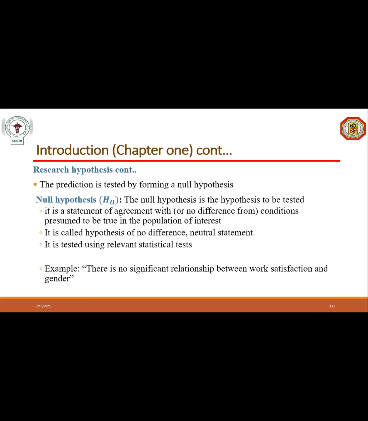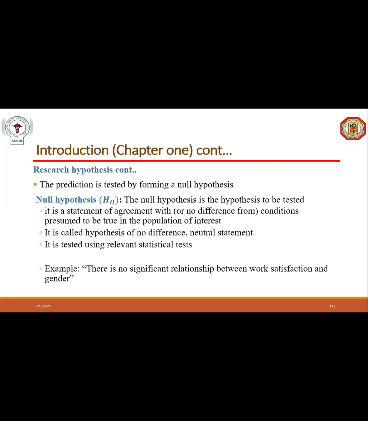So the null hypothesis is the hypothesis to be tested. Always the null hypothesis is the first one because it is the one to be tested. If you test it and you find it not true, then you now adopt the alternate hypothesis. So the alternate hypothesis is usually the direct opposite of the null hypothesis. So null hypothesis is the hypothesis of no difference.